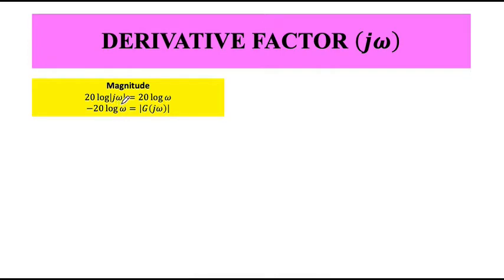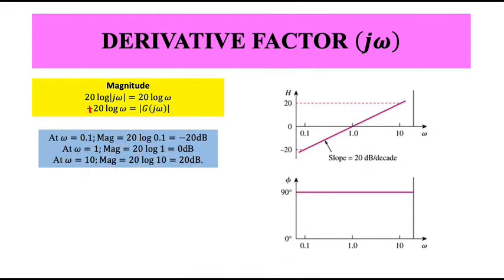Okay, so I'm looking at 20 log omega, but now how will the plot of this look like? This is my magnitude. Over here it's positive, it's not negative. Positive 20 log omega. So let's say omega equals 0.1. My magnitude is 20 log 0.1, which is minus 20 dB.